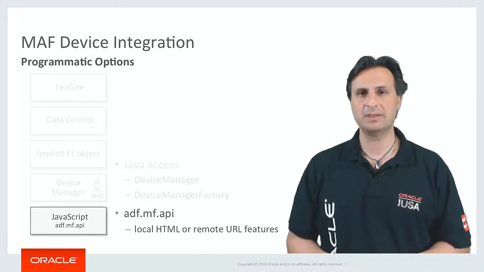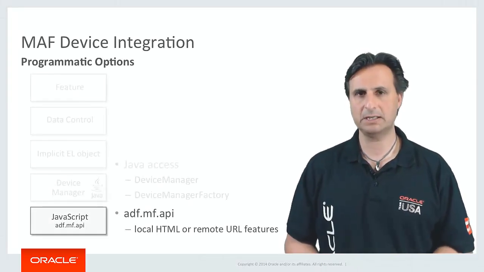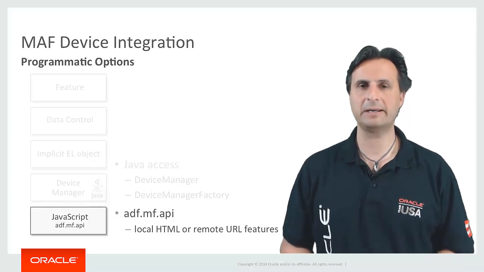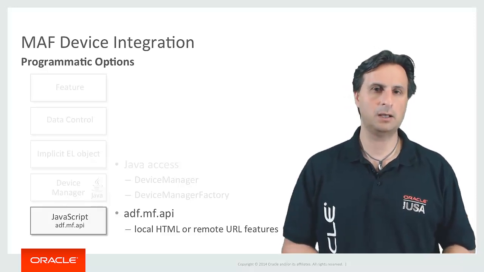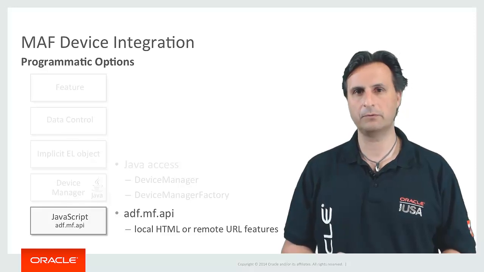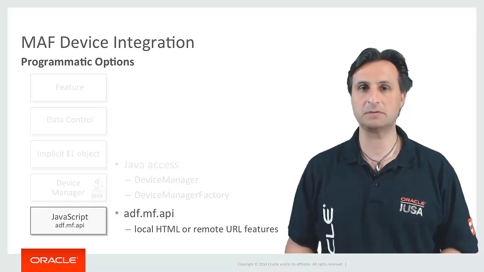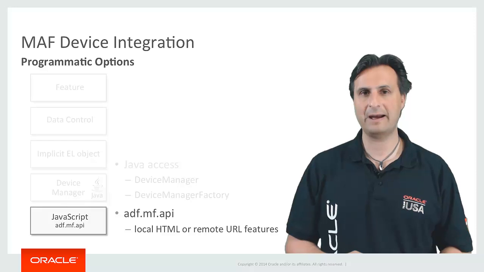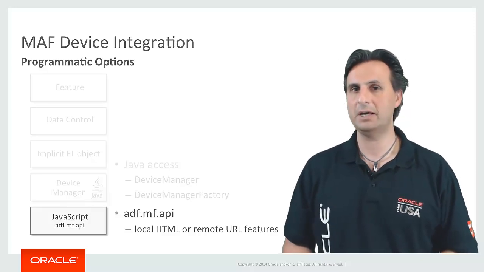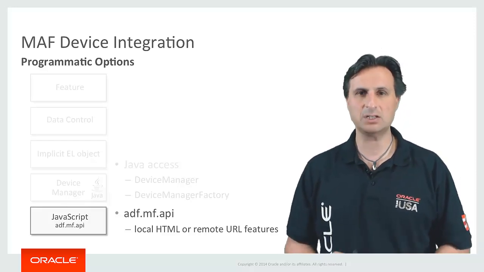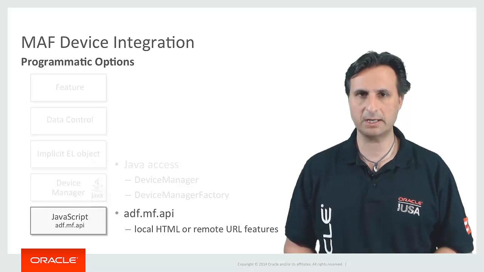So that was the Java integration to it, and you see that really everything I expose in data controls or for implicit expression language users, for declarative use, everything I have there, I also have available in Java to integrate with my business logic on the client side.